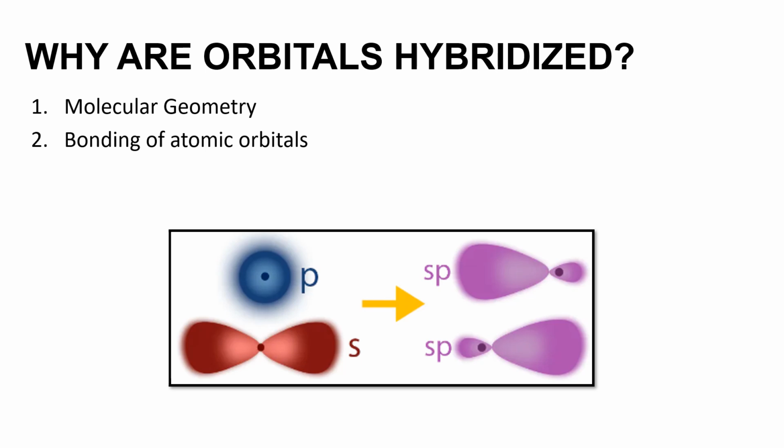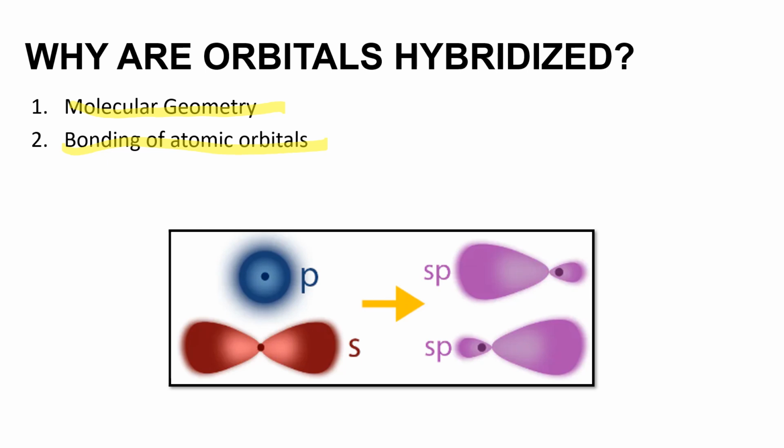So why do we need to study hybridization? Because of these two important concepts. It shows us the molecular geometry, or the shape of the molecules. Secondly, it shows us the bonding of atomic orbitals. And we also need to know why atomic orbitals are hybridized.